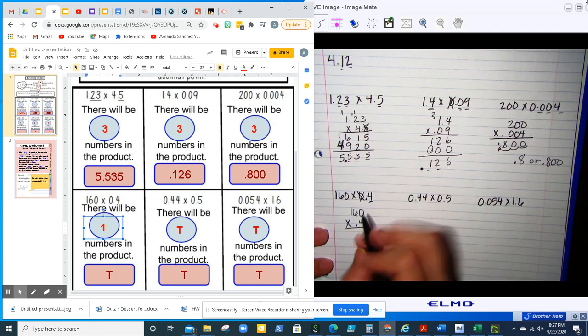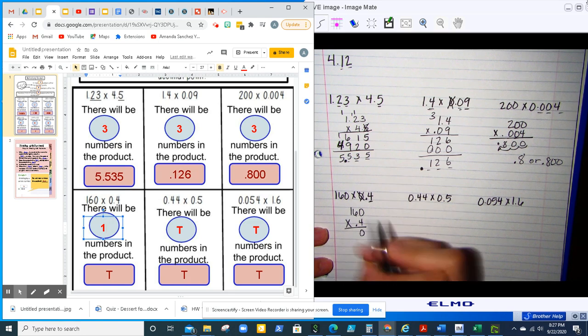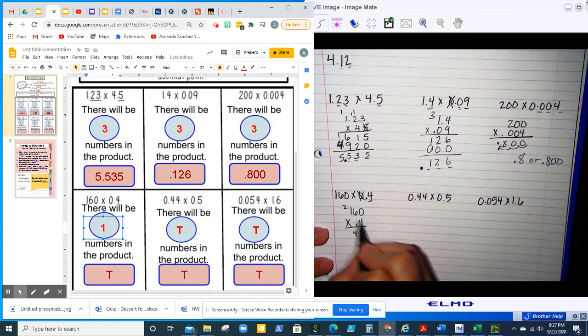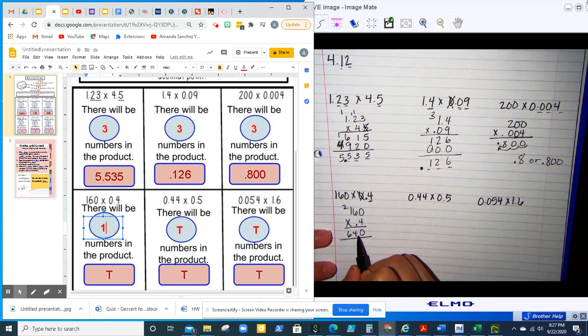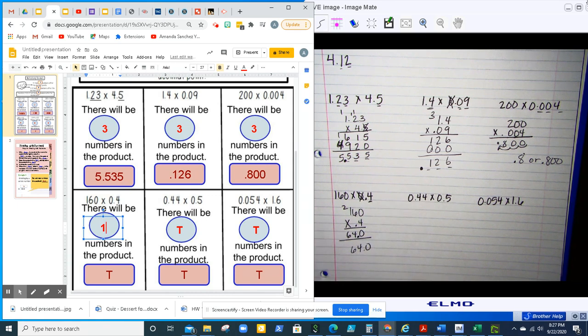And then multiply. 4 times 0 is 0. 4 times 6 is 24. 4 times 1 is 4, plus 2 is 6. And then I don't have to keep multiplying. That's my only value, and you should have one number behind the decimal. So 64. You can have 64.0 or just 64.